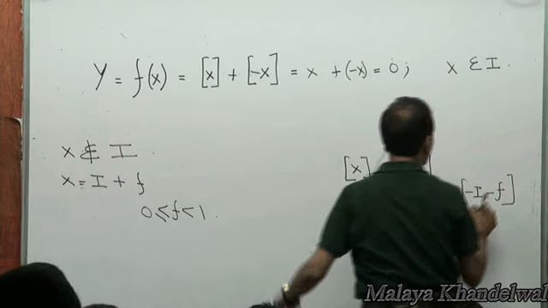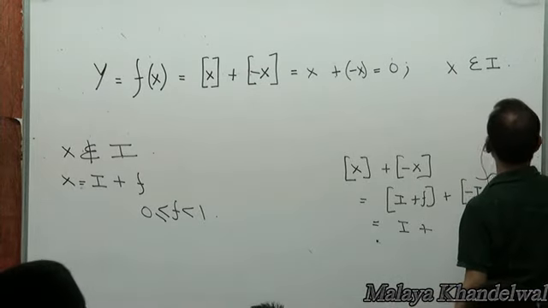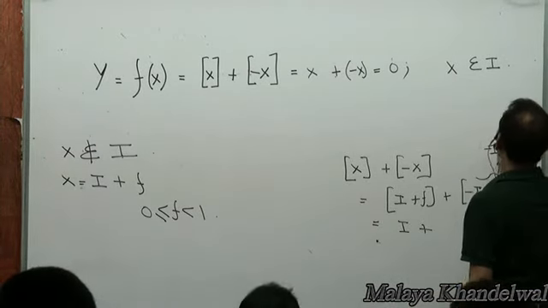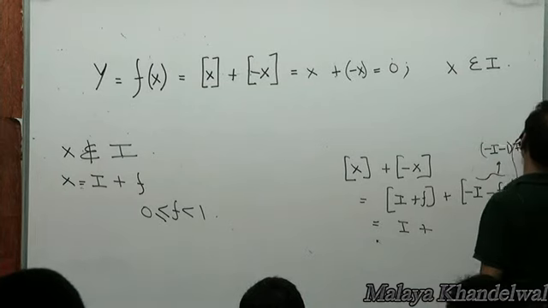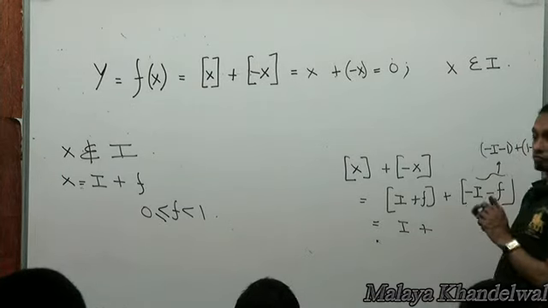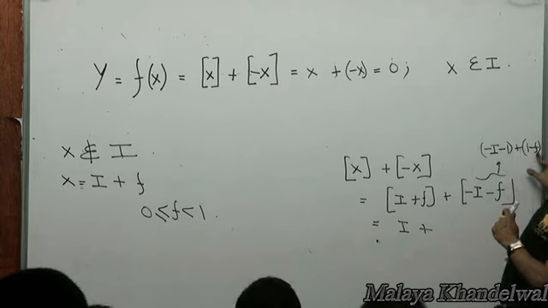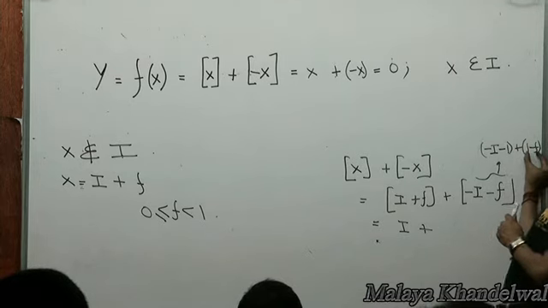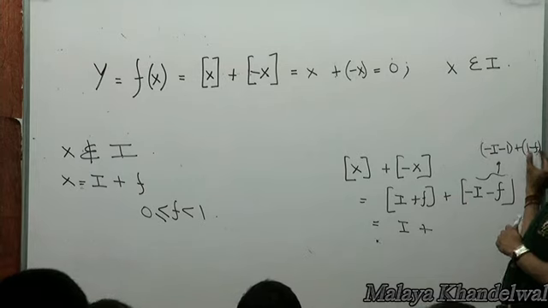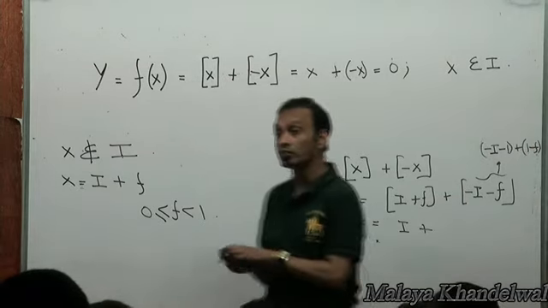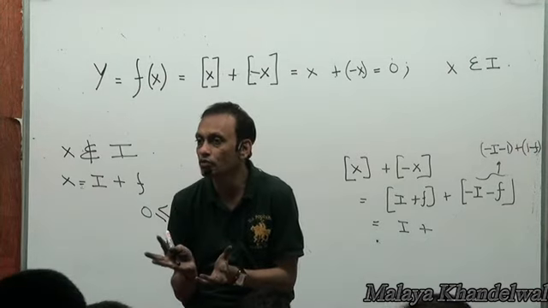Whereas in this case, minus I minus f is like minus I minus 1 plus 1 minus f. Yes or no? Now 1 minus f will be a number lying between 0 and 1. Yes or no? If f lies between 0 and 1, 1 minus f will also lie between 0 and 1.